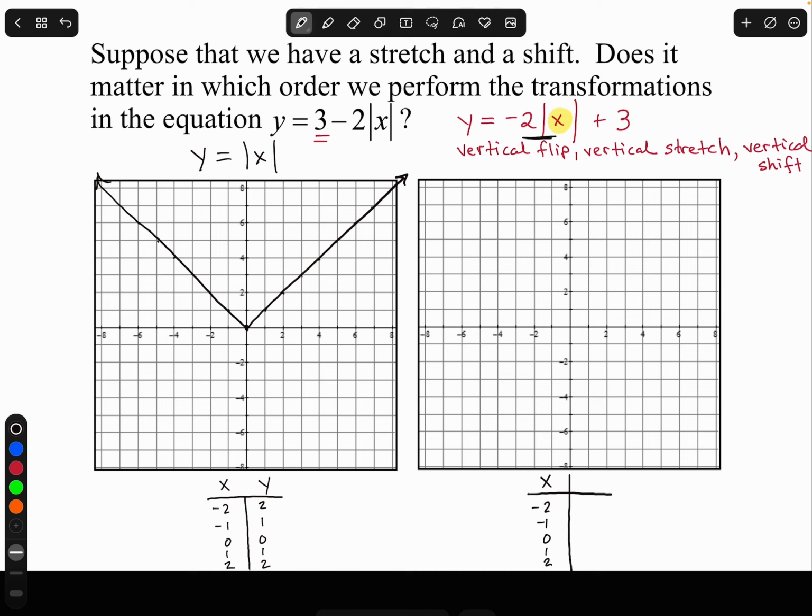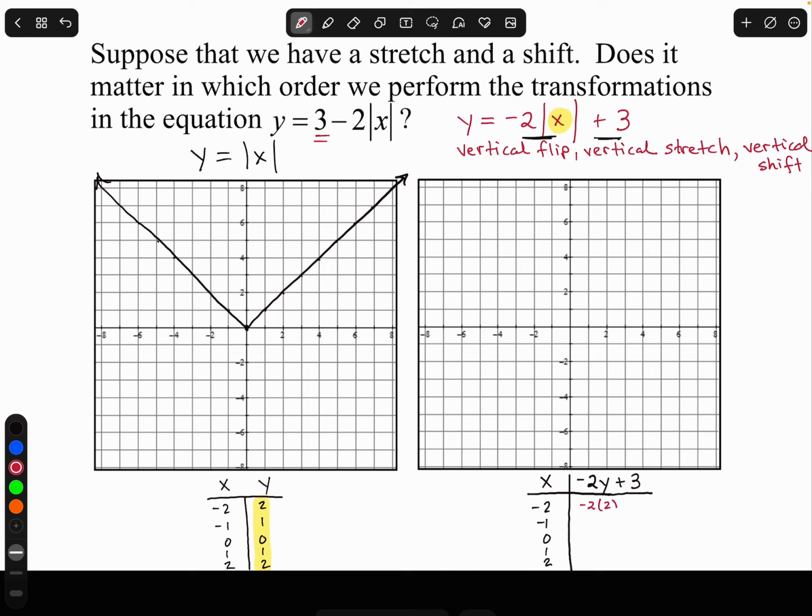So since we're going to be multiplying times negative 2 and adding 3, we want to use the multiplication first. So we're going to write our rule as negative 2y, then plus 3. So we're going to apply our stretch first, and then we're going to shift it vertically. So all we're going to do is take these values that we have on our original table, and multiply them times negative 2 and then add 3.